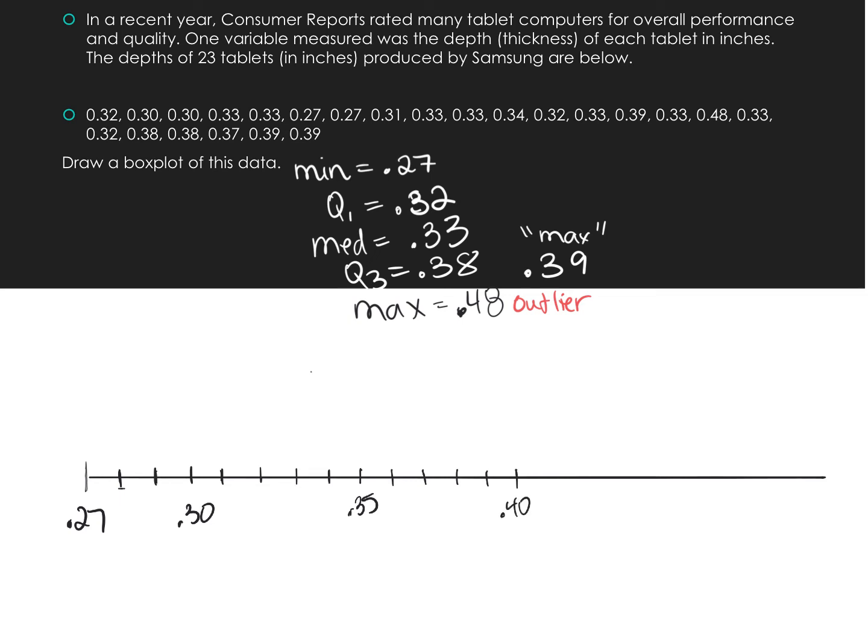I just need to represent all the numbers between 0.27 and 0.48. I can't just make a number line and put my five numbers on it. I need to show how spaced out those numbers are by making my number line accurate. So it needs to be from 0.27 to 0.48, and it has to have all the numbers in between.